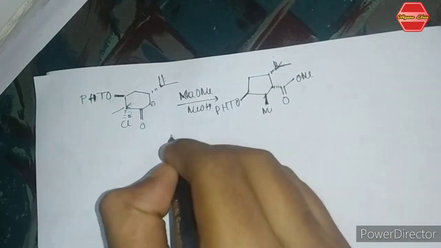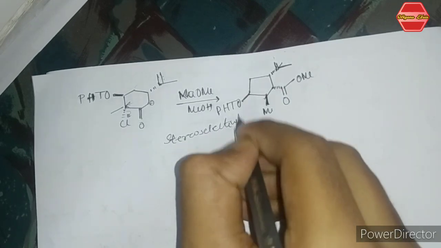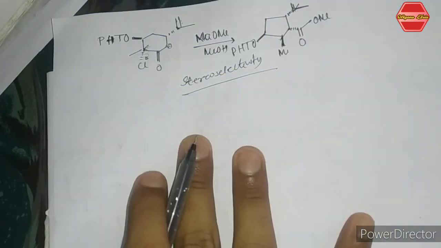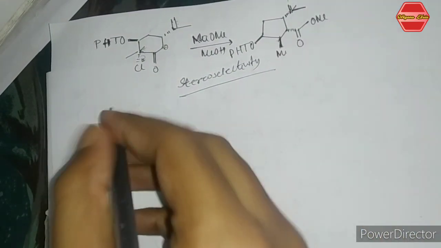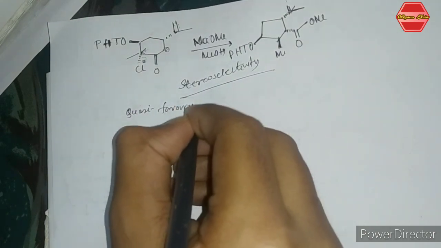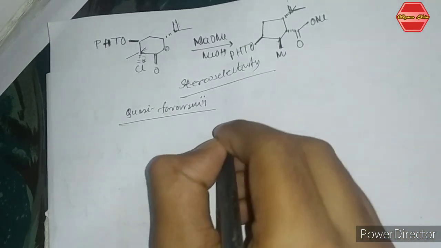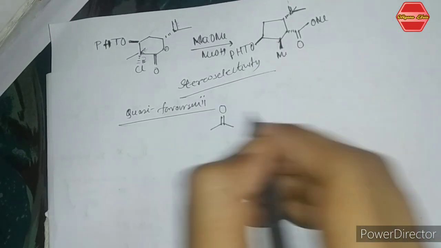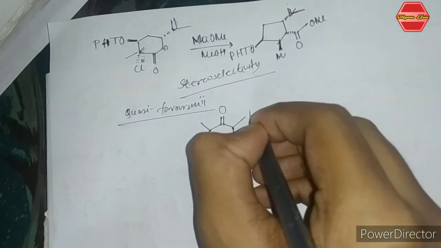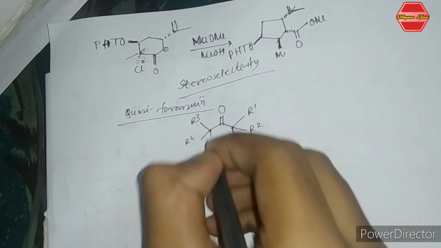So this is stereoselectivity. And another thing I mentioned is that there is a different type of Favorskii, that is quasi-Favorskii. So what is this? It's not really a different type, it's the same type as the Favorskii.